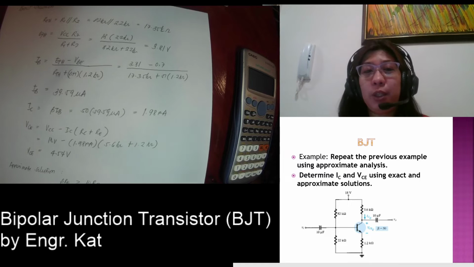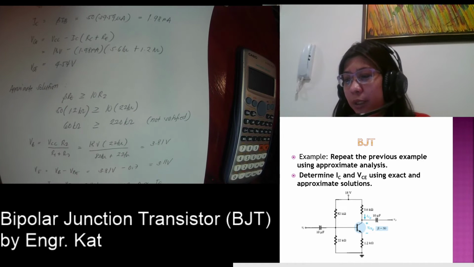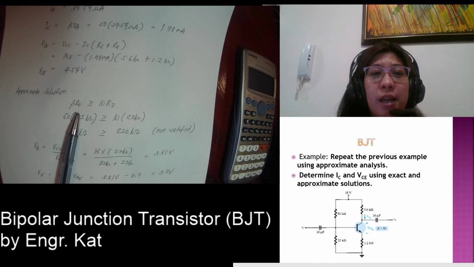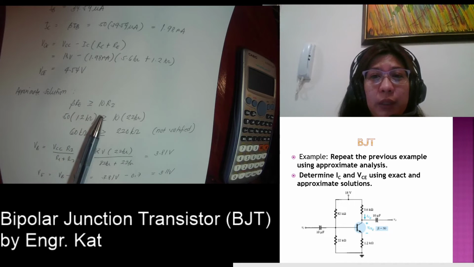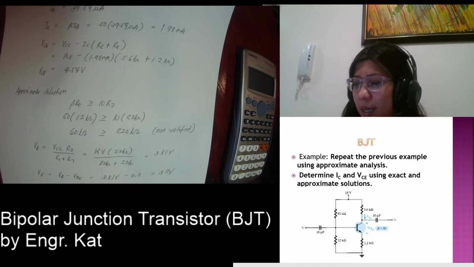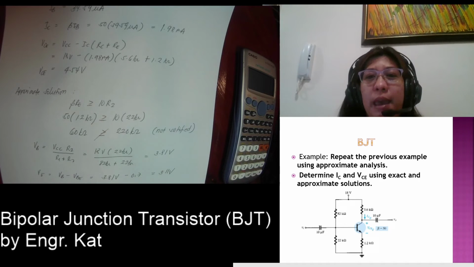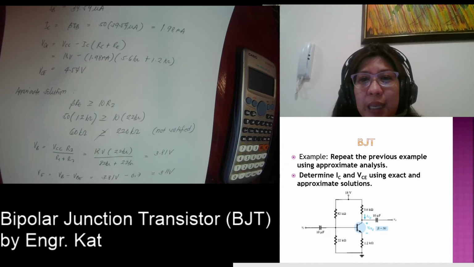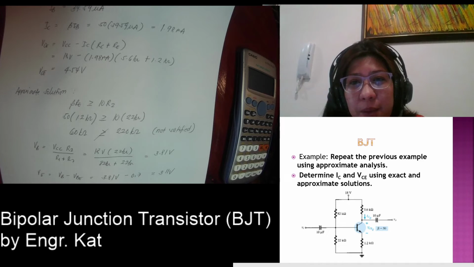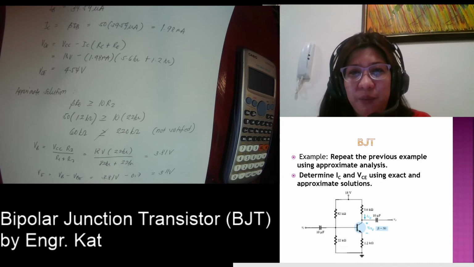Okay, so for the approximate solution, we are going to test if we satisfy the condition. So beta RE, is it greater than or equal to 10 times your R2? So upon looking at your condition, we can see that we didn't satisfy our condition. So what happens if we still use approximate solution even though the condition was not satisfied?